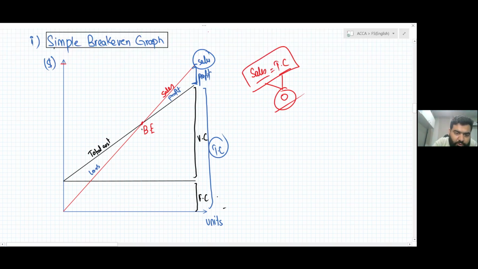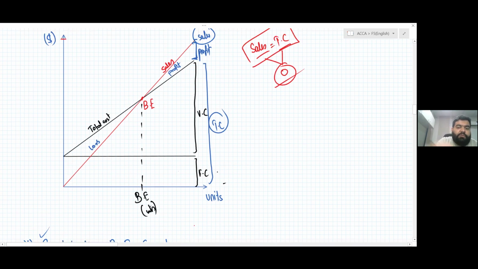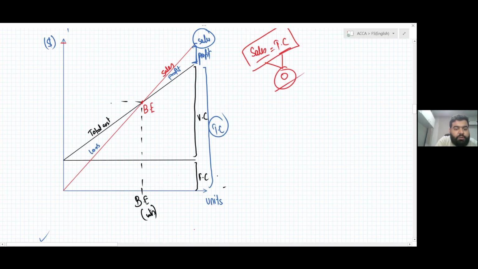I'm not using a scale, and no need to be worried about that, because you don't need to make this diagram, just understand the concept. This point is break even in revenue.